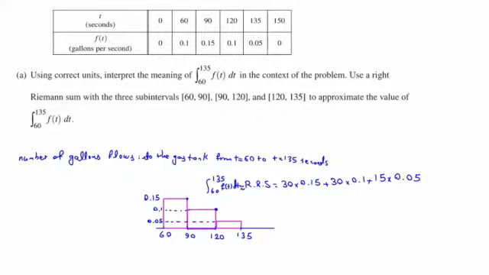In this problem, we can use a calculator, and it is equal to 8.25. The unit is gallons. Okay, that was part A of this problem.